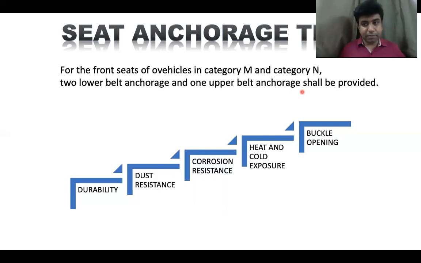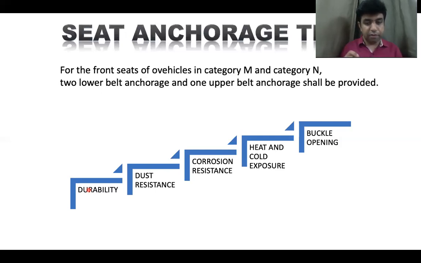But at the same time, the seat anchorage should also hold that belt properly. Otherwise, if it breaks down at that time, then it is of no use, right? So the first thing we need to measure is the durability. Whatever resisting force has been developed at the anchorage part must at least withstand the force achieved during the collision, right? So we need to determine whether it is durable or not.